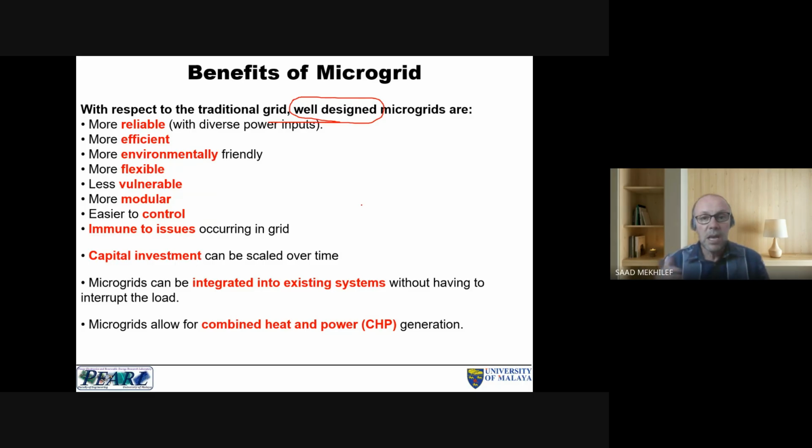So this is because in any design there must be an objective. What is the objective? Is the objective to have reliable electricity, regardless of the cost? Because there are some applications where the cost is not a factor. Can you give me an example?